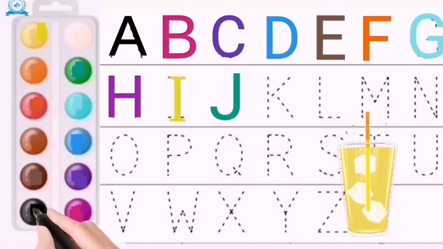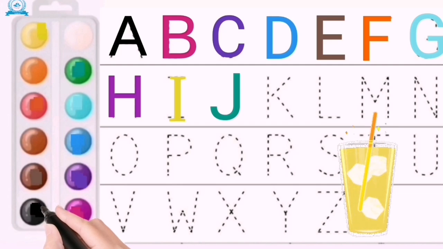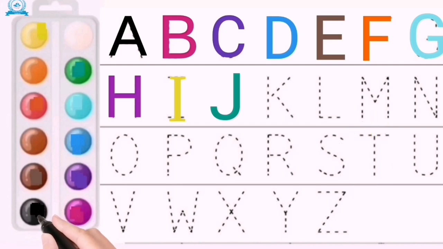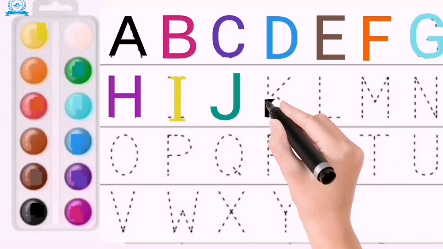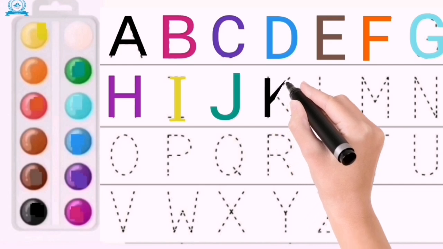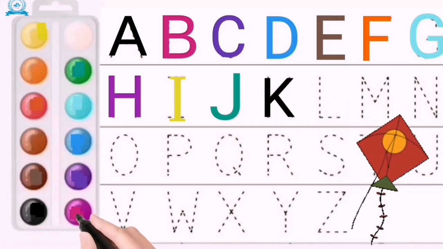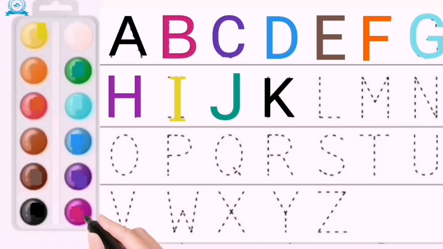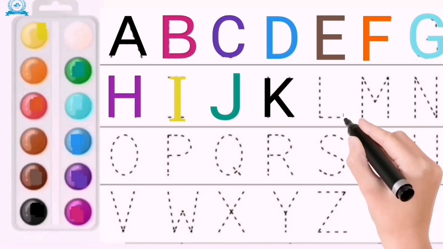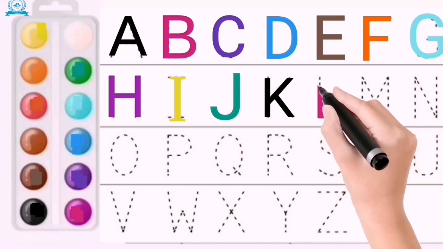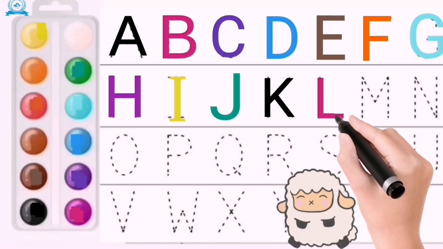J is for juice. K is for kite. L is for lamb.